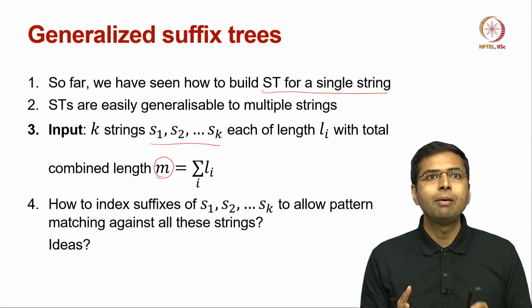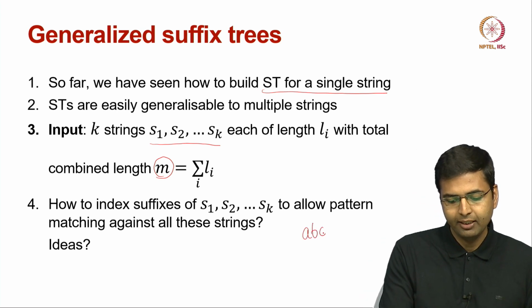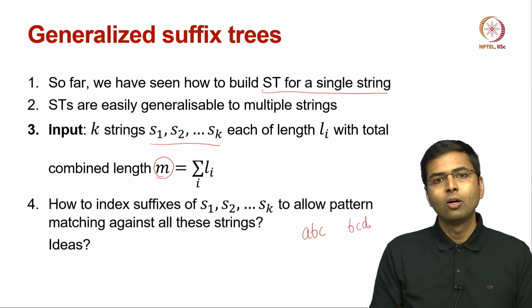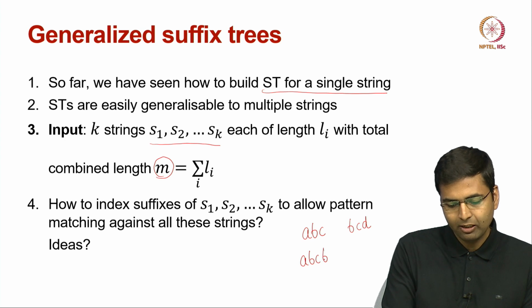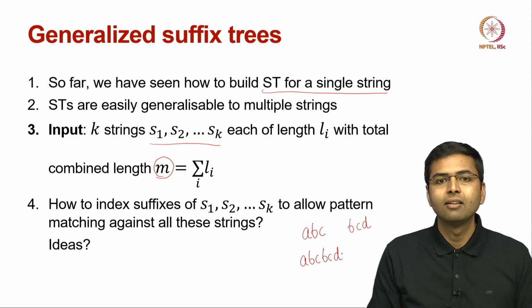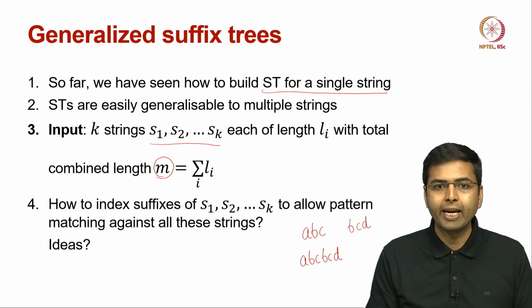Well, would a simple solution work, where, let us say, we are given two strings abc and bcd? Can I just concatenate these strings and call it a single string and then build my suffix tree as usual? Will that be okay?